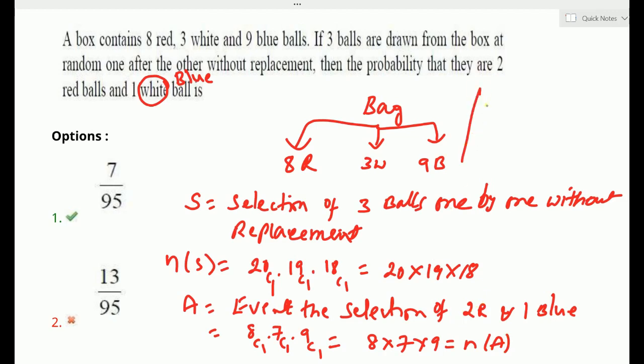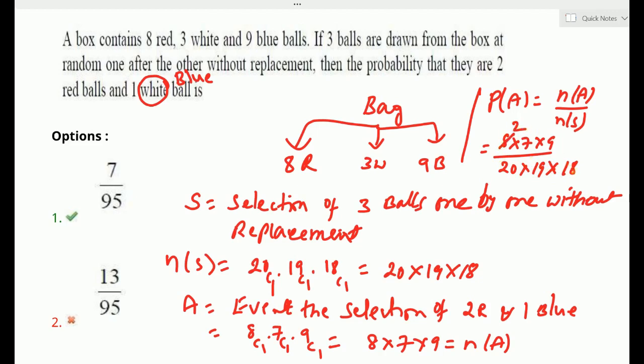Now the probability P of A is n of A by n of S, the supporting selections to A and the total number of selections in S. That is 8 into 7 into 9 as numerator by denominator 20 into 19 into 18. By this calculation what can you get? 2 4s are 8, 4 5s are 20.